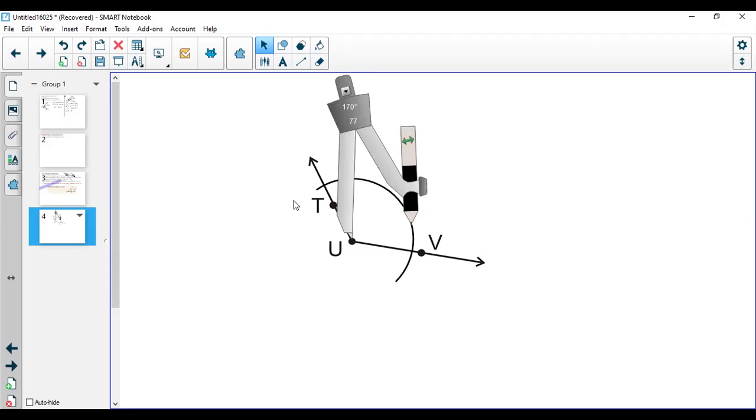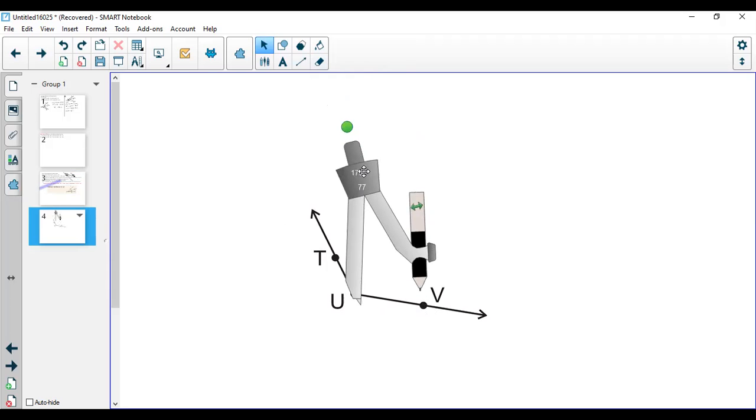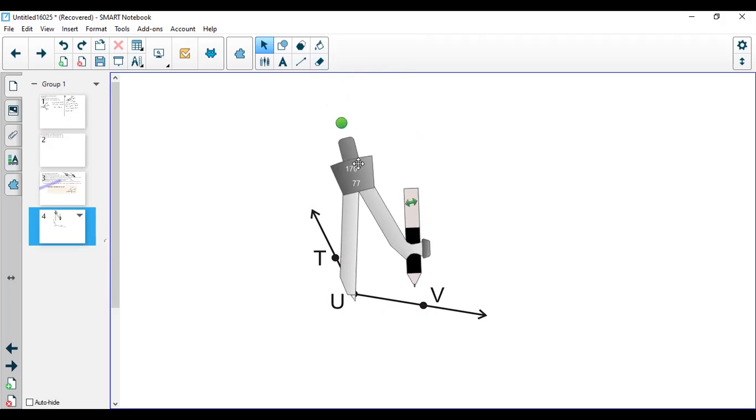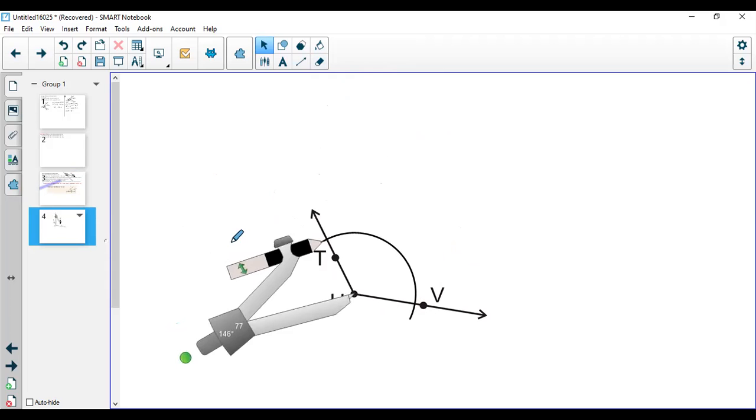Now, what's the next step? Let me do that part again because I need space up. So place it at the vertex and draw an arc through both the hands of the angle.